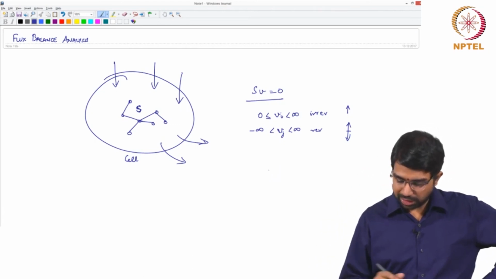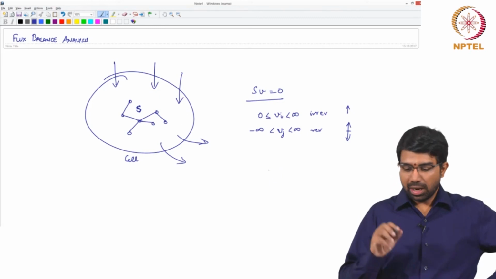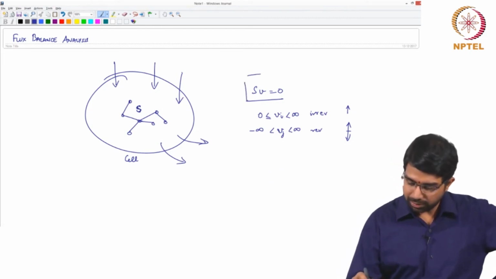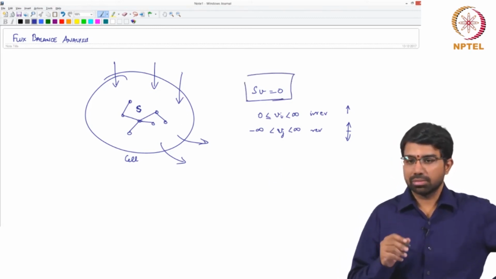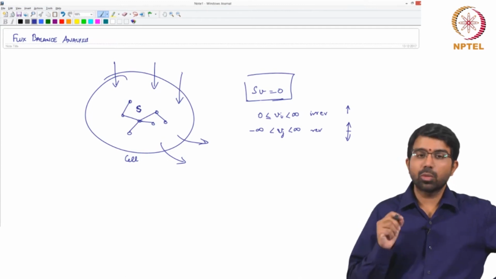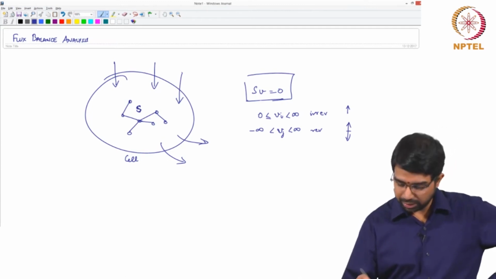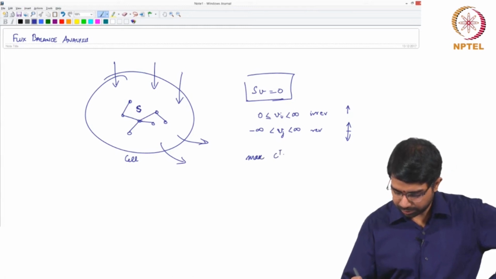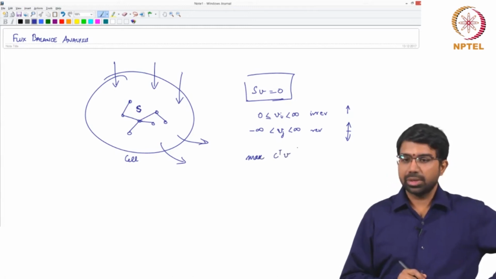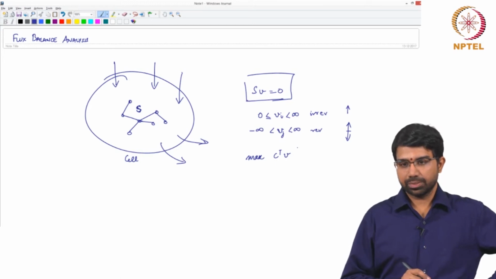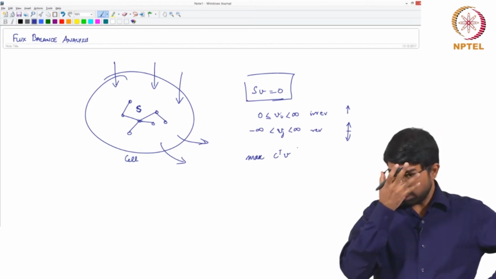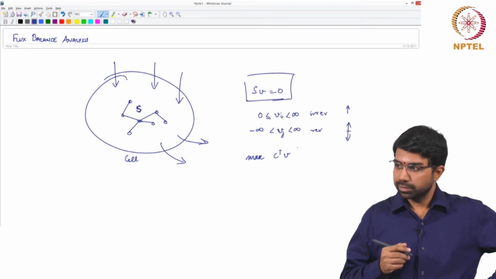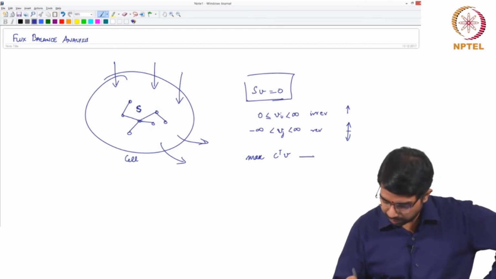So this is what we have so far, and we said we cannot solve the system unambiguously, right, to get one unique solution. So to pick one solution, we said let us now impose this objective function: maximize c transpose v. What does this give you? It gives you two things.